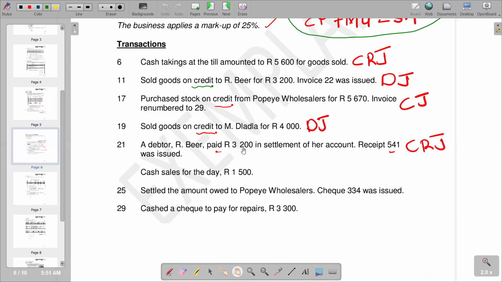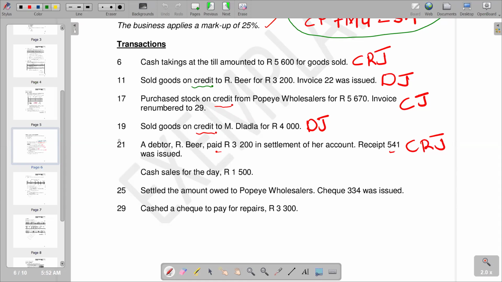So basically we can go back and see how we can adjust that one. We've got our cash sales, that is 1,500, so we also have to make an entry for cash sales, which is 1,500, and this is part of sales.